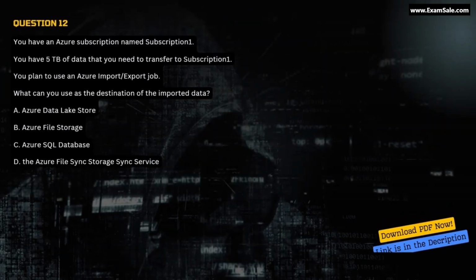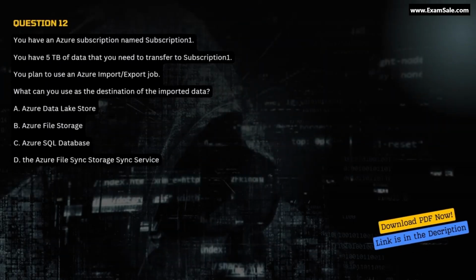Question 12. You have an Azure subscription named Subscription 1. You have 5 terabytes of data that you need to transfer to Subscription 1. You plan to use an Azure import-export job. What can you use as the destination of the imported data? A. Azure Data Lake Store. B. Azure File Storage.